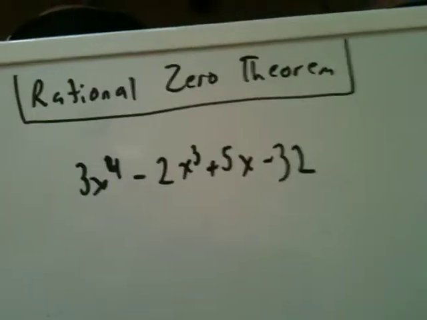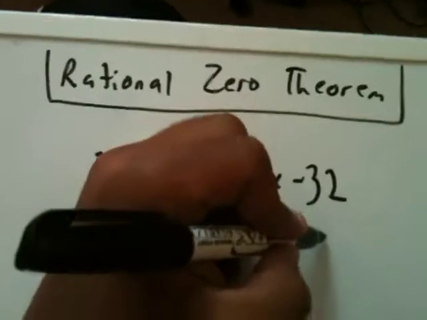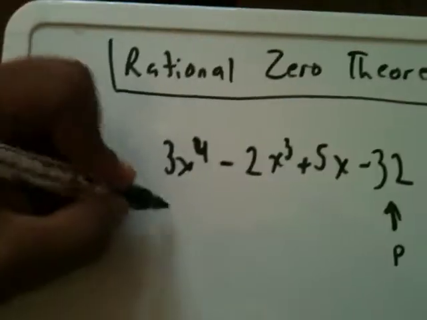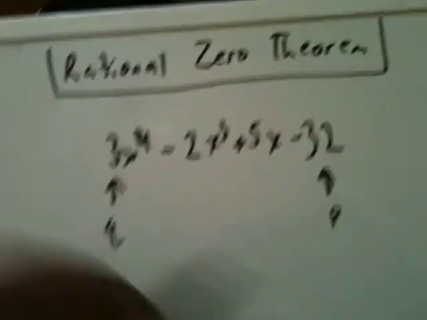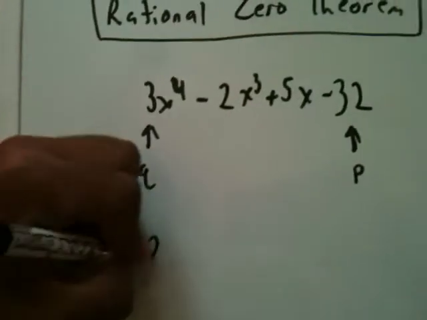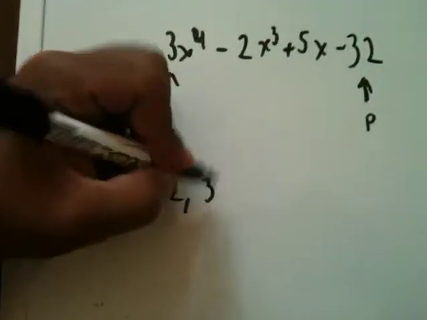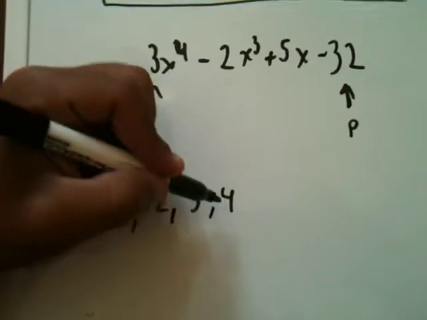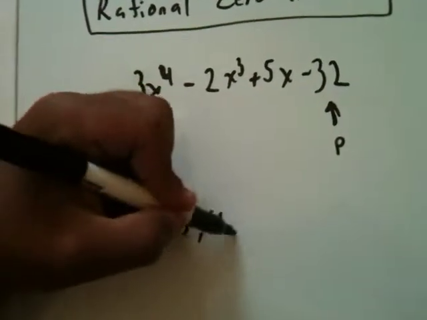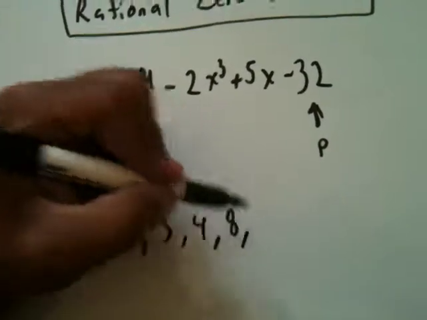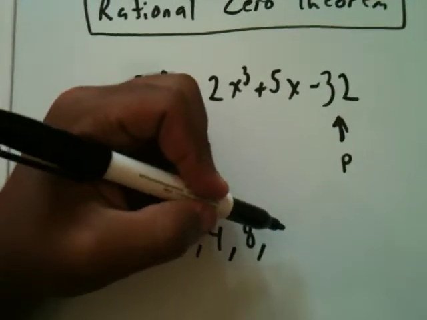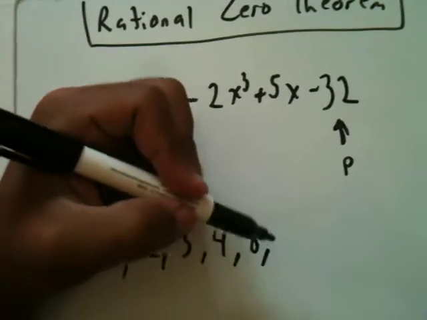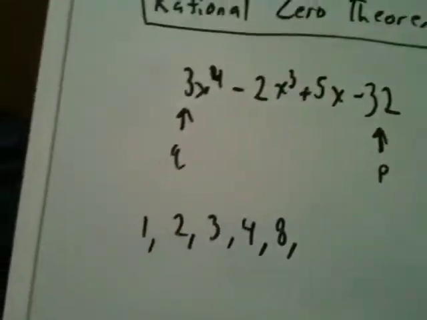Alright, so we list candidate zeros. 32 is our p, and 3 is our q. So for 32, we have 1, 2, 3, 4. It's not divisible by 6. So it's 8. 32 divided by 3 is going to be... I'm sorry, it's not even divisible by 3.